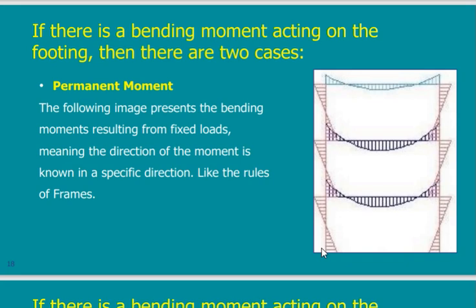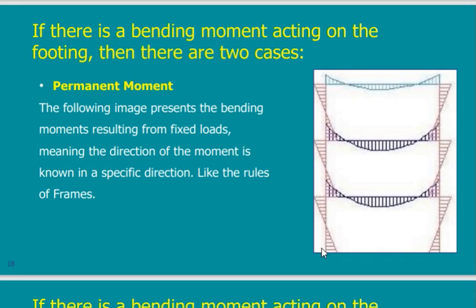What was the effect of shifting the column? The effect will be on the cantilevers, because if I shift the column, then the cantilever from one direction of the footing will be bigger than in the other direction. So in this case the moment will be more, and I have to study this moment, and I have to study the moment on the footing in the other direction.